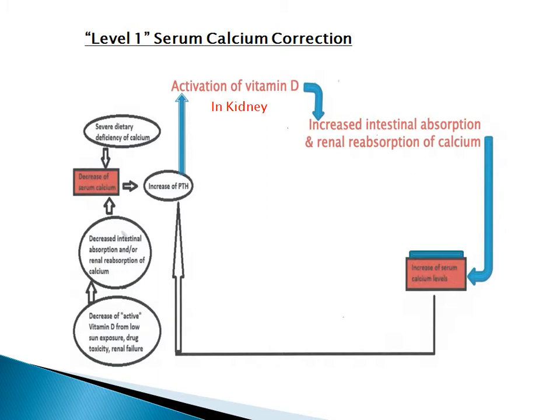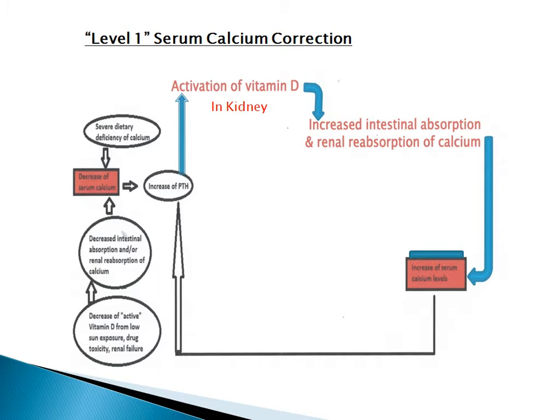And this is a simple level 1 correction. It's caused by the parathyroid hormone activating vitamin D and allowing it to correct the serum calcium. It's no big deal. This probably goes on all the time during the day.